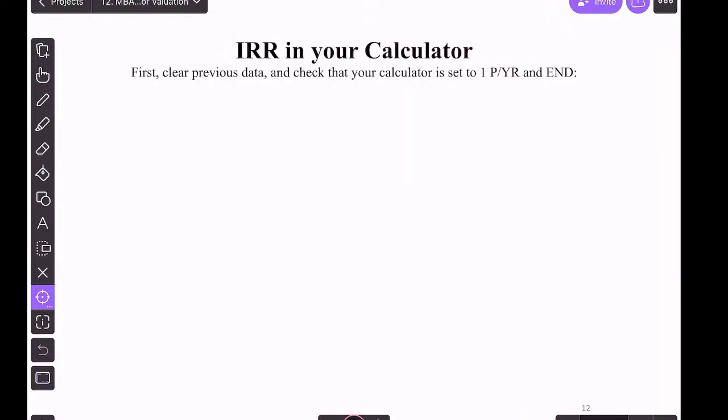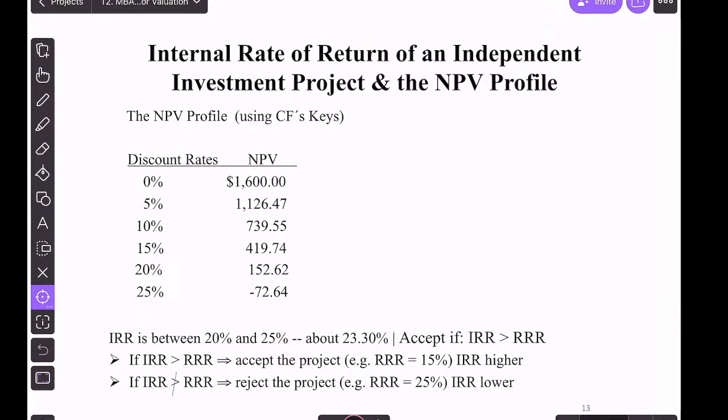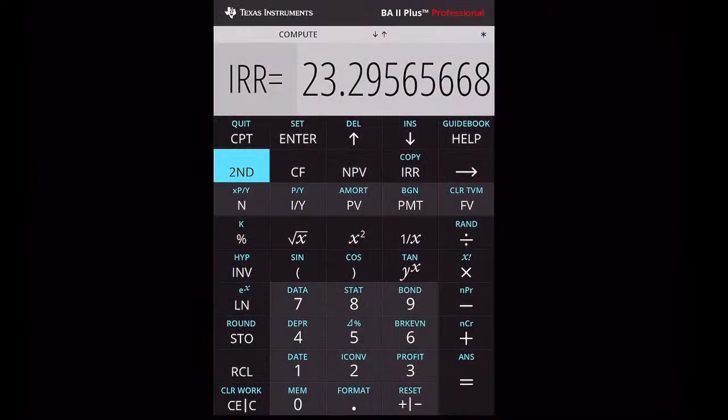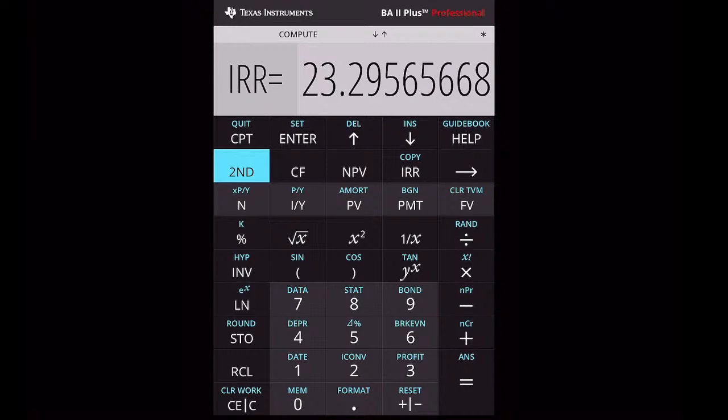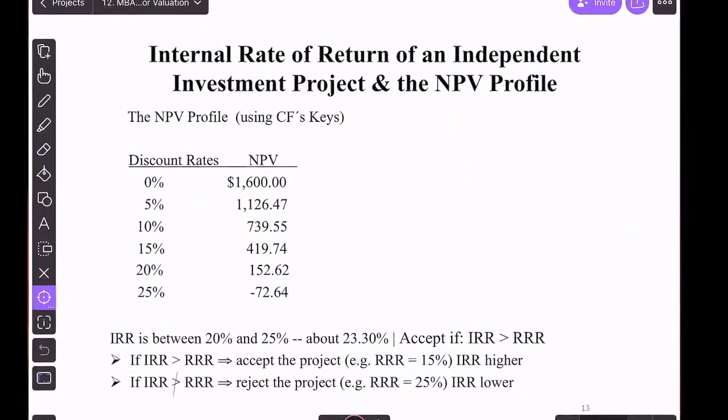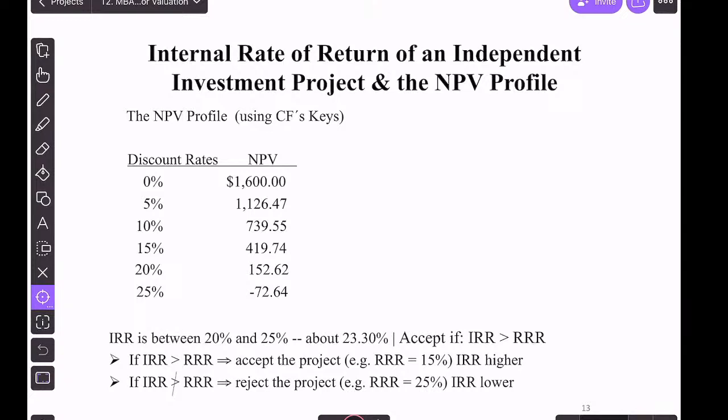I left this page blank so you could write notes if you print your notes. So what we've done is computed that 23.3, sorry, yes, 23.3 is the answer. So we found the result is 23.3.